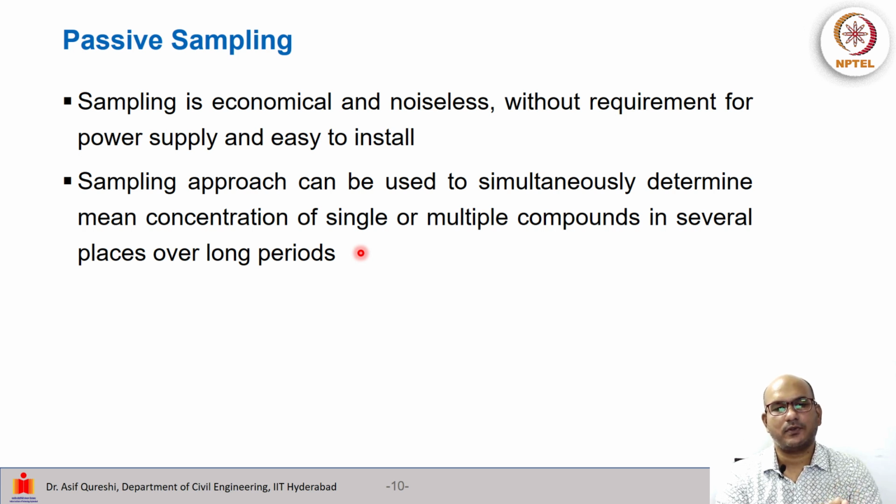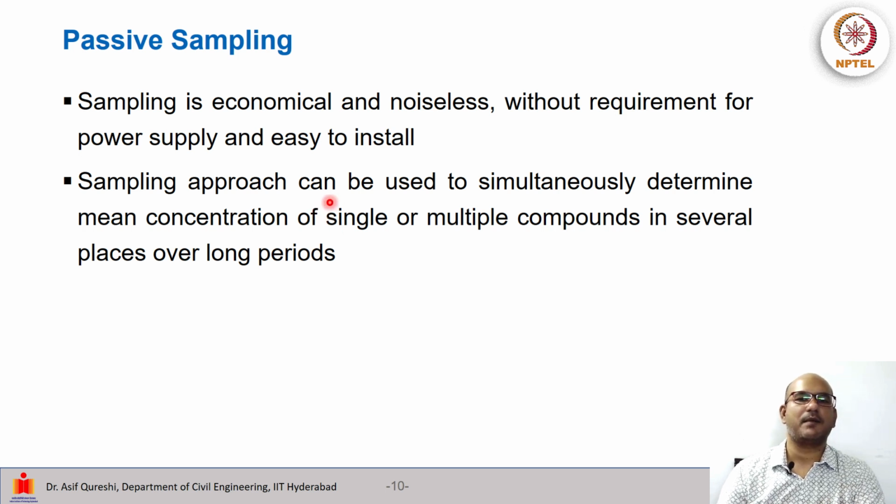Now, as we have seen, and will see again, each compound of interest may have affinity towards a particular sorbent or a particular chemical with which the sorbent is treated. So in principle, if we want 5 gases to be analyzed, we can make 5 such samplers with different adsorbent properties and put them together at one place, then come back after 1 week or 1 month or whatever duration and collect all those 5, do the respective extraction process and conduct the respective analysis for quantification.